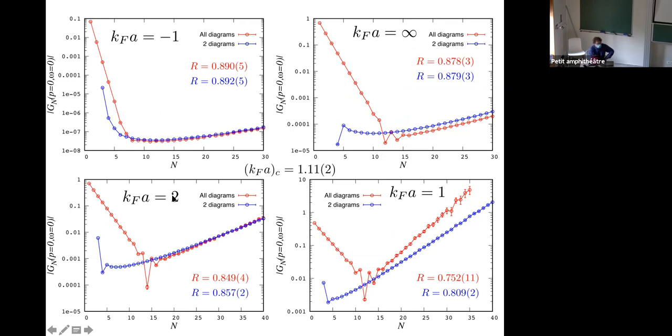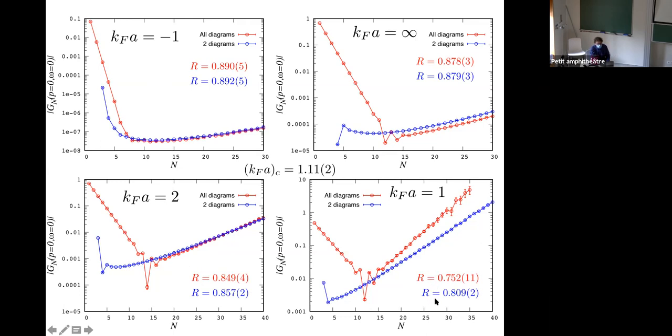For kFa equal to 2, which is very close to the polaron to dimeron transition, they marginally agree in these 2 values of R. But if we go to the molecule side, where the molecule is the ground state, then the 2 diagrams which we considered and all the diagrams do not diverge in the same way. So the value of R is not the same.